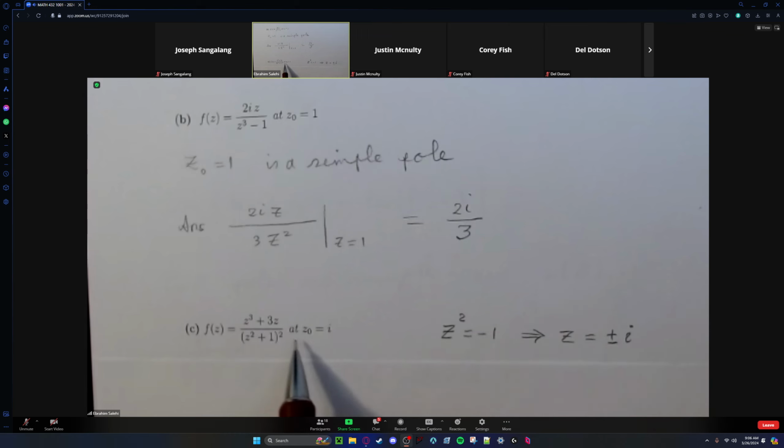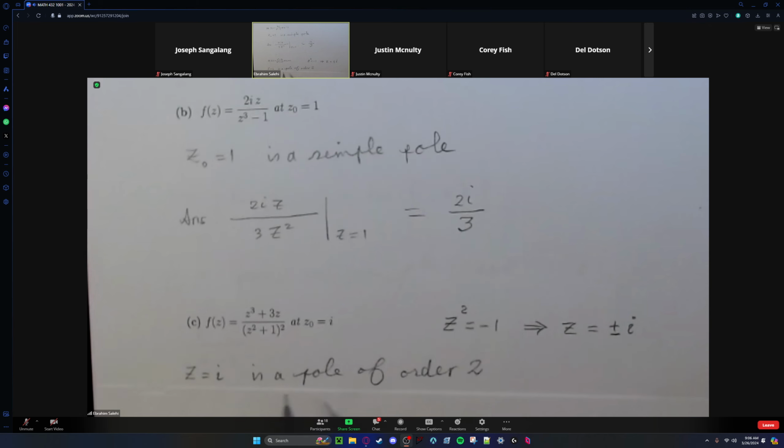But we want just residue at i, not negative i. In this case, i is a pole of order 2, okay? It's a pole of order 2.